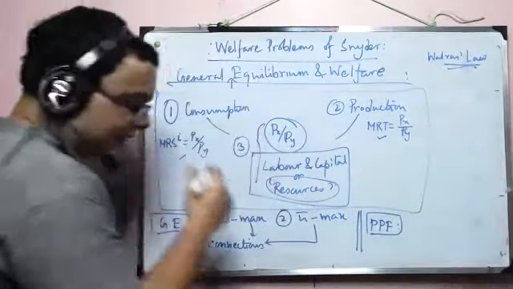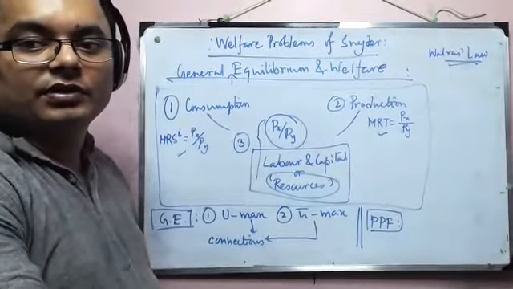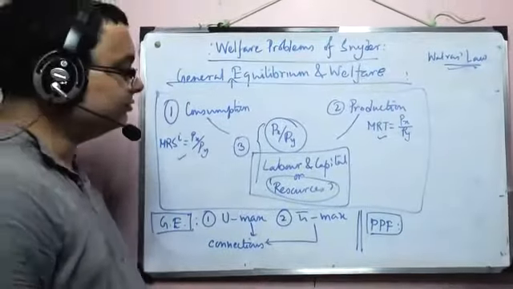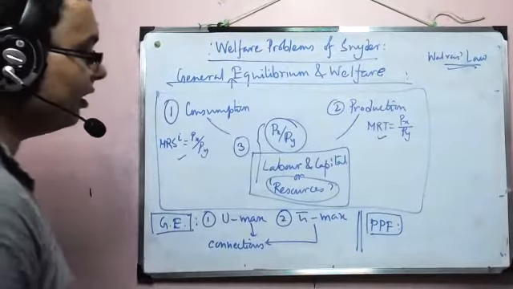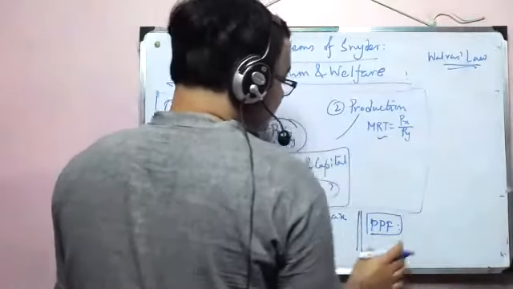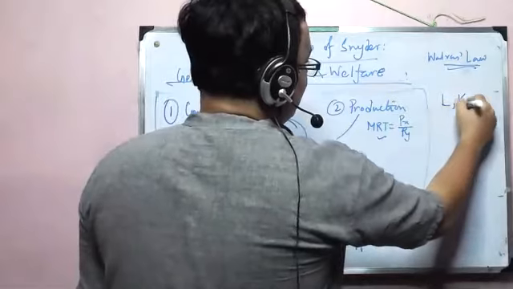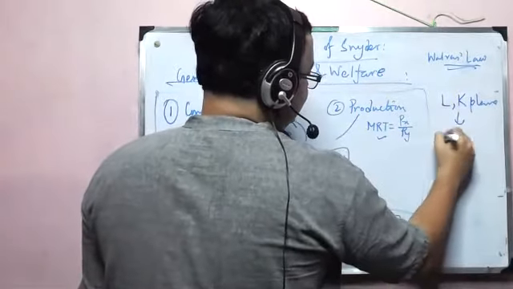Now, construction of a PPF in general, we feel that constructing a PPF is very simple. It's not. The target of a PPF, mathematically speaking, is going from an L, K plane to an X, Y plane.